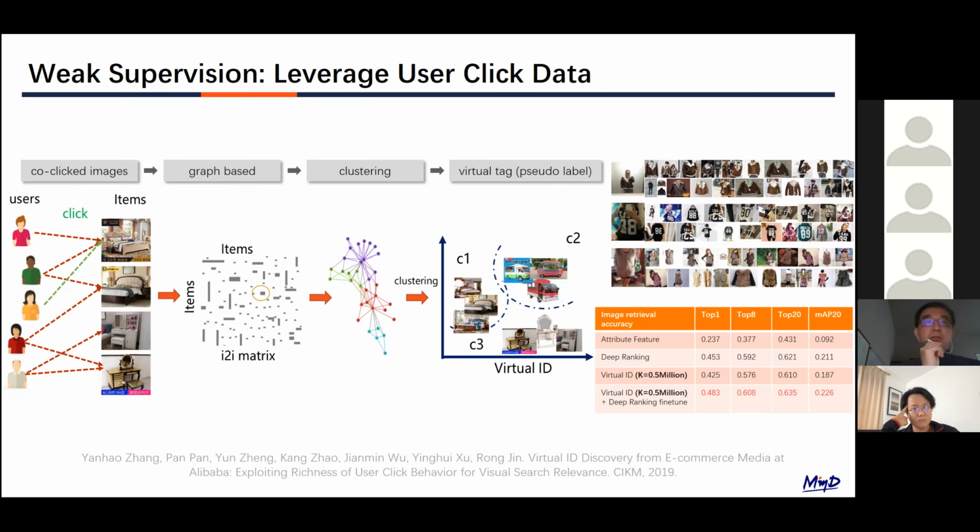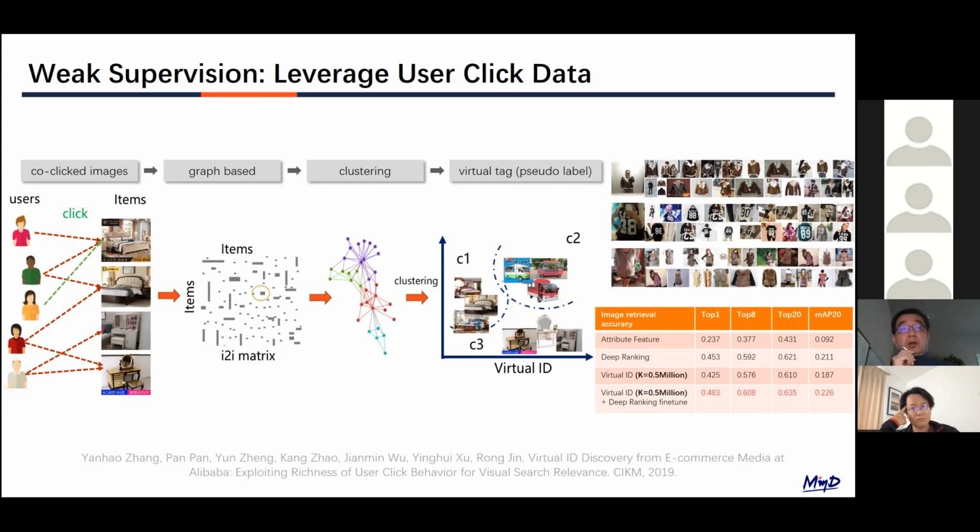But it turns out the assumption seems to be wrong. In many cases, the image clicked by the user tends to have a very different visual appearance compared to the query image. Then we realized, based on our observation, that the co-click data seems to be a much more reliable signal in terms of identifying similar products.